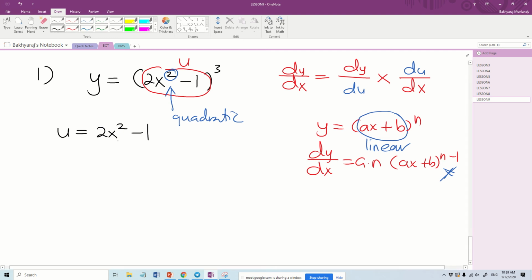Once u equals 2x squared minus 1, what about your y? y will be u power of 3. Do you agree with that? If we substitute u, y becomes u power of 3. Do you accept that? Correct, right?